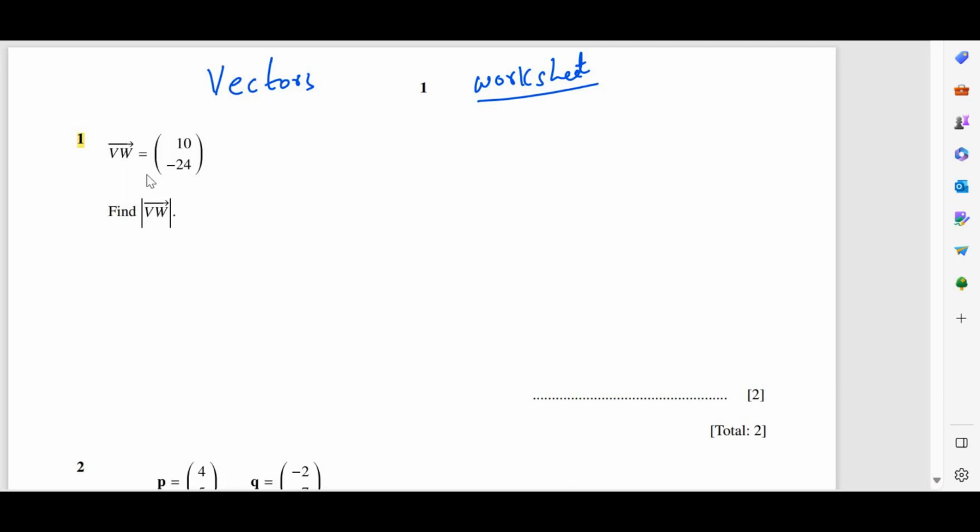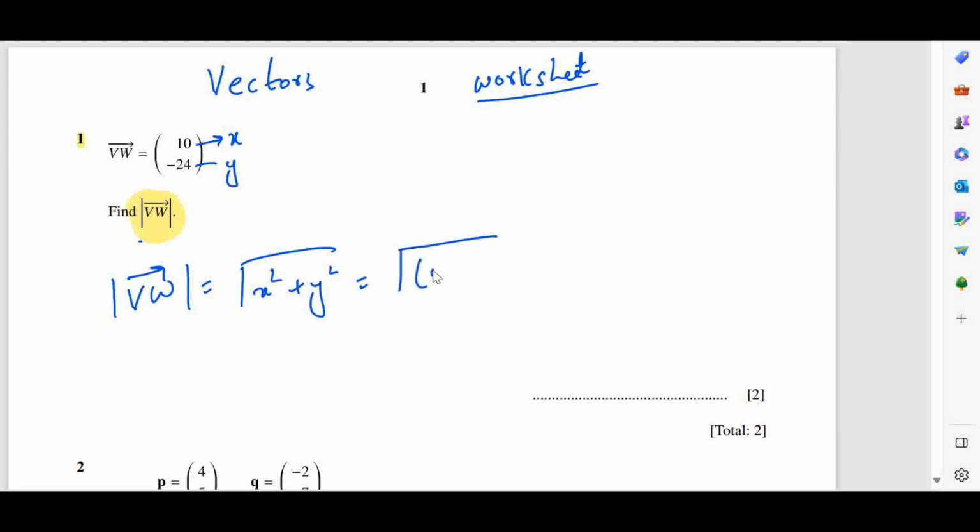First of all, please be very careful about this thing, that this is the symbol of the magnitude of a vector. We can see that this one is the x coordinate and minus 24 is the y coordinate, and the formula for the magnitude of any vector will be the square root of x square plus y square.